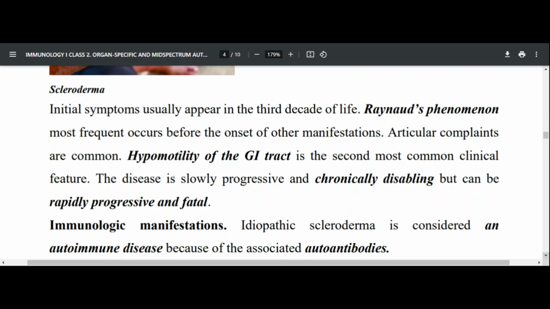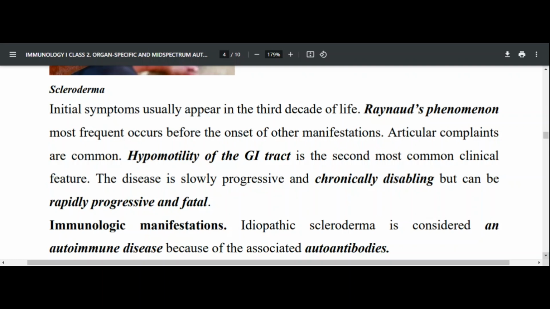The disease is slowly progressive and chronically disabling, but can be rapidly and progressively fatal. It can be very rapid in progression, but in most cases it is very slow, which can be chronically disabling.